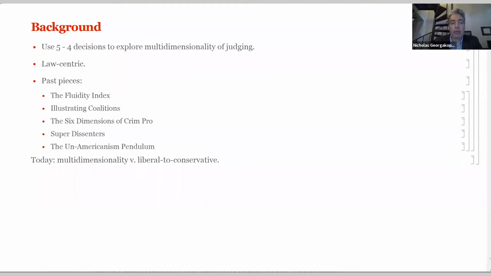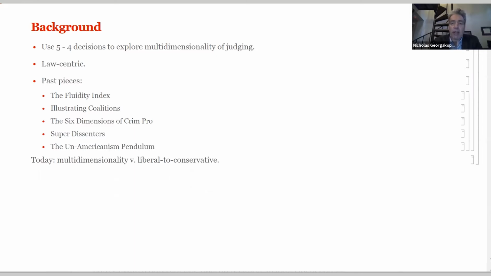In the case of criminal procedure, we identify 6 dimensions of it for the Supreme Court. We identify some dissenters who, when they leave the court, the statistics change because they were dissenting very vocally.